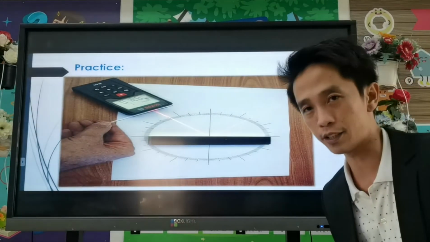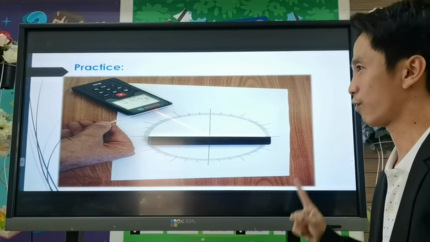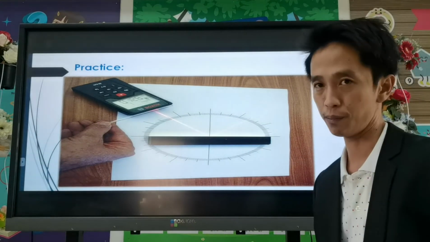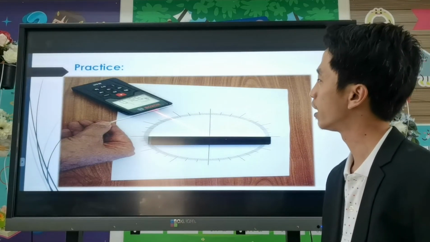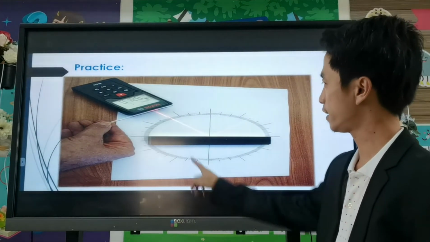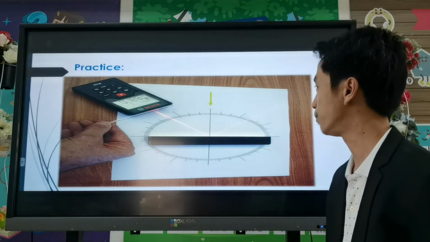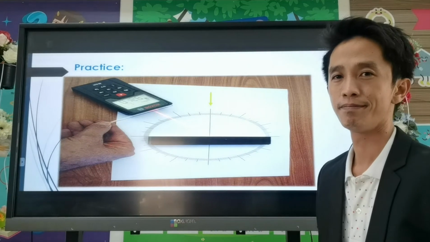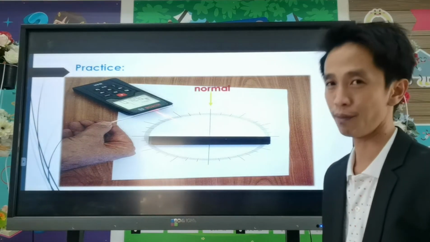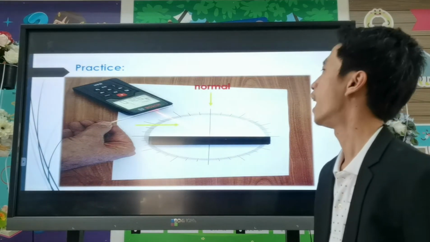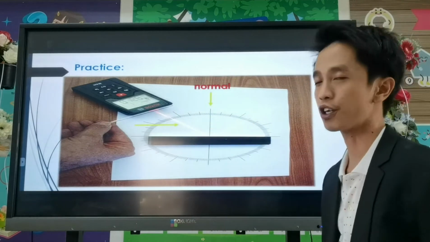Okay. Next, let's try this one. Let's have a practice for the reflection topic. Okay, here. This is the laser light. What do you call this one? Okay, that's normal, correct. And next, how about this line? What do you call that line?